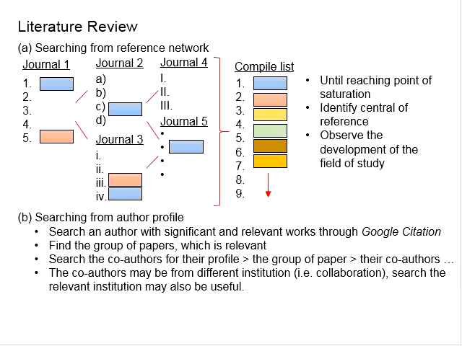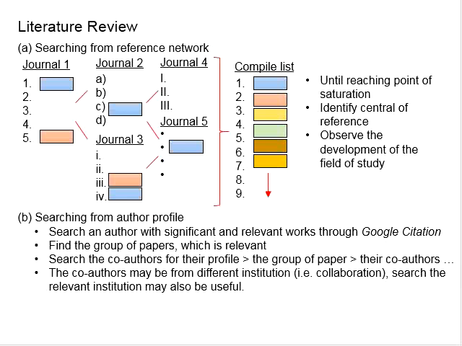This is how you can do it. You search for an author whom you found to be significant and who has relevant works to yours. You can search through Google Citations. There should be a list of the publications under this author. Then you find the relevant group of papers.